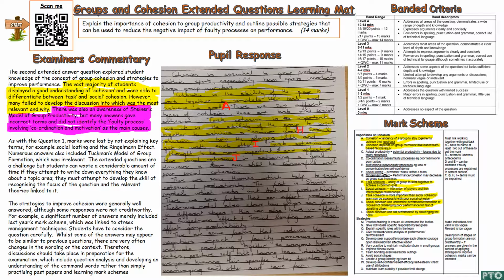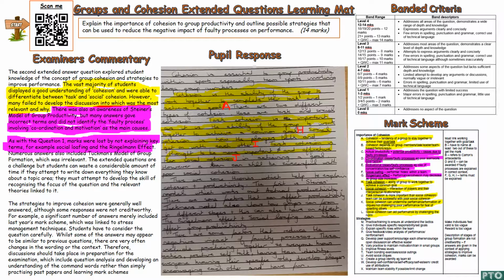What I'd like you to do is pause your video and see if you can identify in this pupil's response if they've managed to achieve the mark scheme criteria for points C and D, and I also want you to have a look and see if there's anything in there about social loafing or the Ringelmann effect, so points F and G as well. Pause your video. If you think that they've achieved it, highlight it, write the letter next to it at the end of the highlighted section, and then when you finish, press play and we'll see if we agree on those answers.